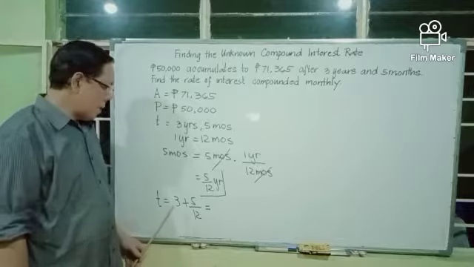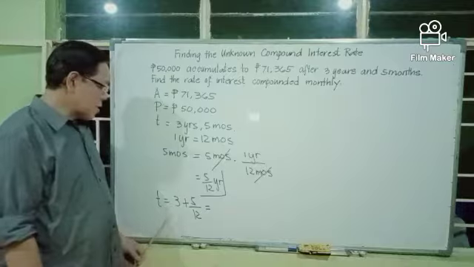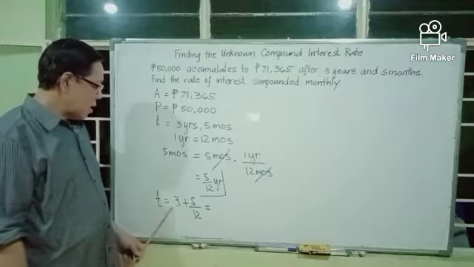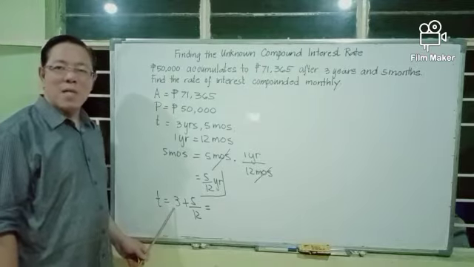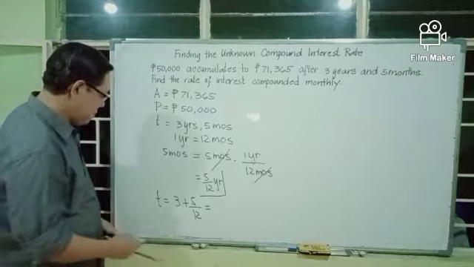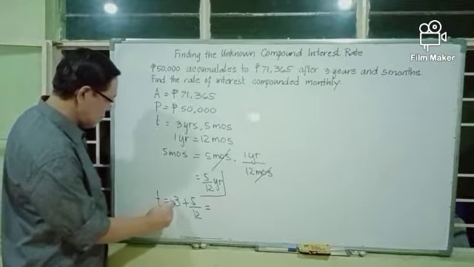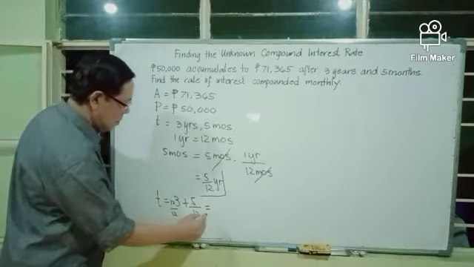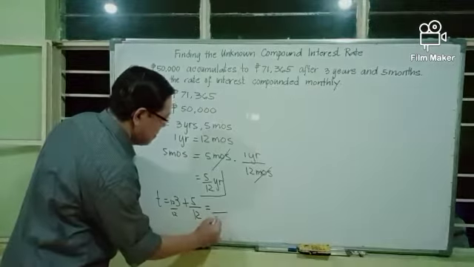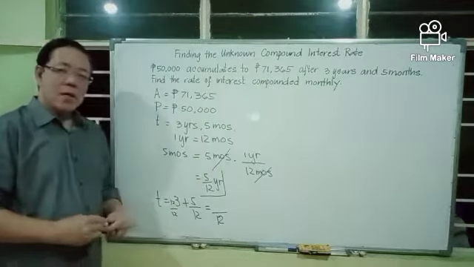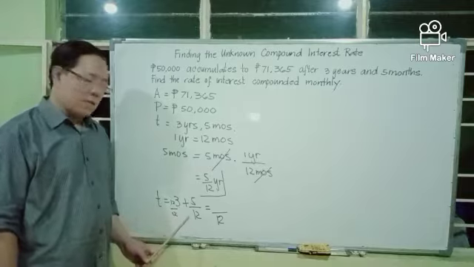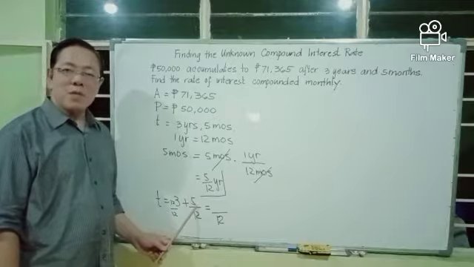We find the total time in years, 3 years plus 5 over 12 year, which is 5 months. And for 3 to have a denominator of 12, we multiply 3 by 12 over 12. The common denominator is 12, and the numerator will be 12 multiplied by 3, which is 36, plus 5 is 41.